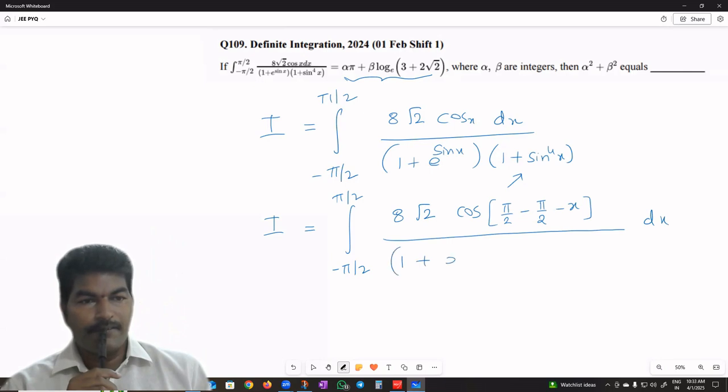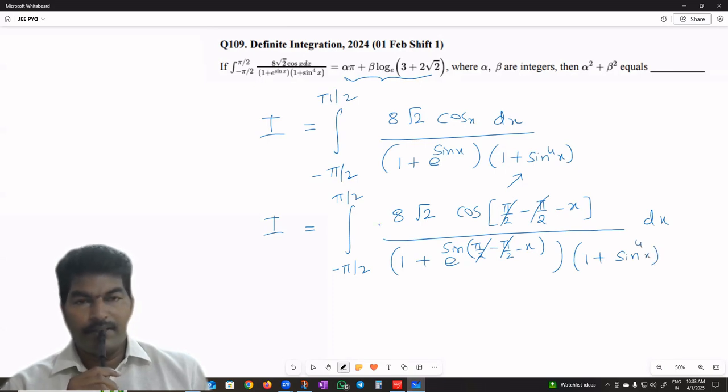1 plus e power sin of A plus B minus x, and try to simplify it at the same time, and close the bracket, and then 1 plus the same thing will be there.